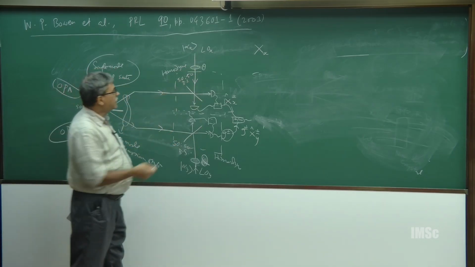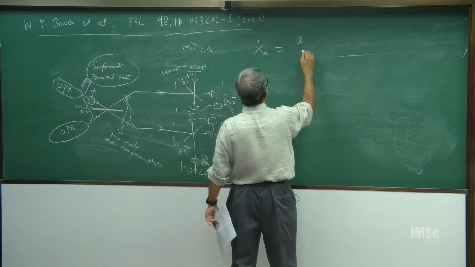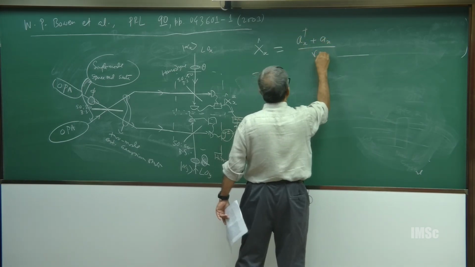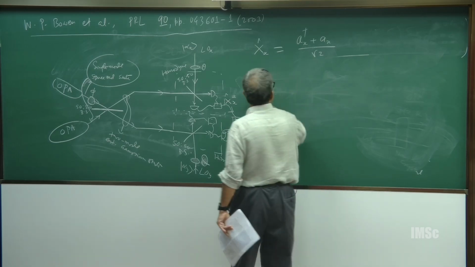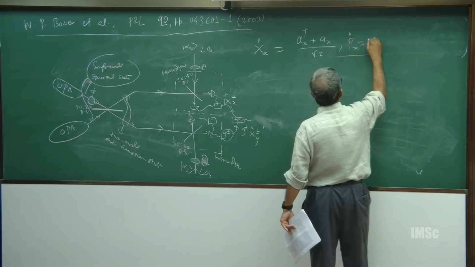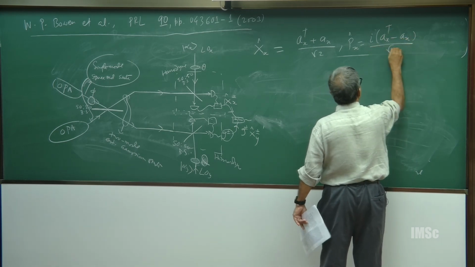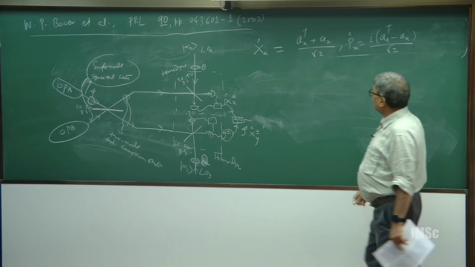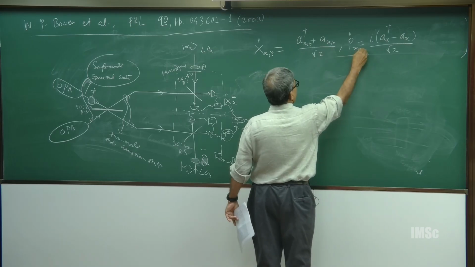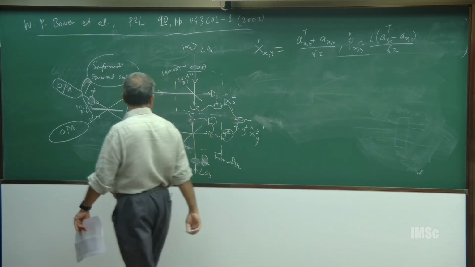This x is basically a x dagger plus a x by root 2. This is the position quadrature, and similarly P x is equal to i times a x dagger minus a x by root 2, and the same is the case with y also. So, these are the position and momentum quadratures.